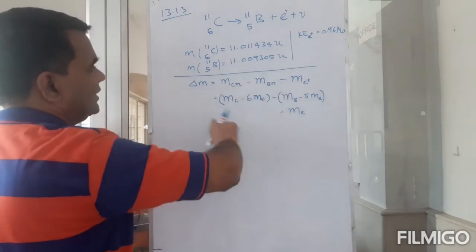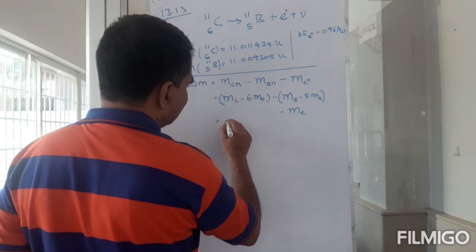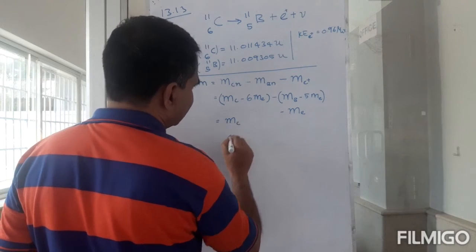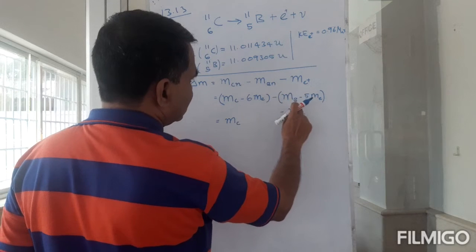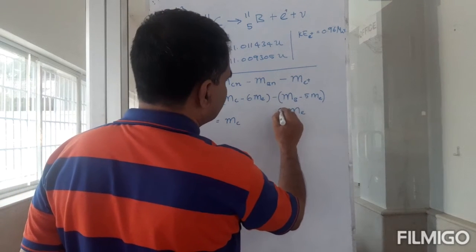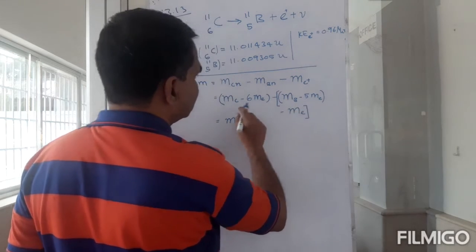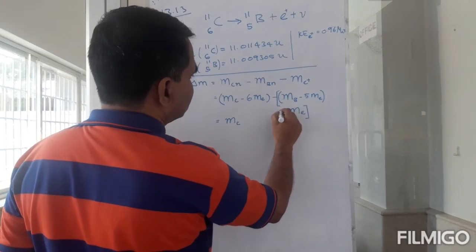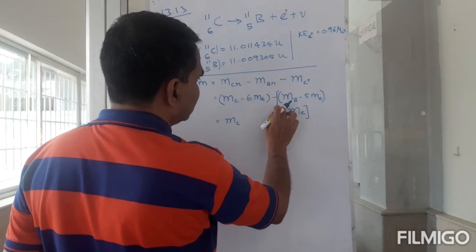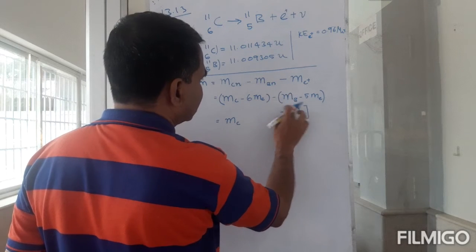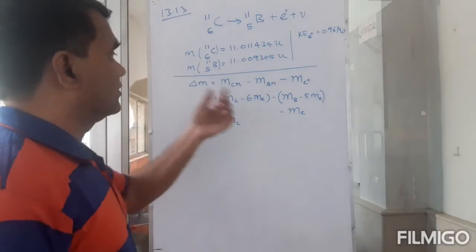So when I do this, what am I going to get now? This is going to be equal to the mass of carbon, this is 6 minus 6. I'll leave it like that.